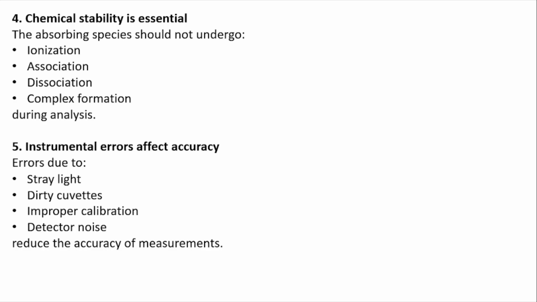If the absorbing species undergoes ionization, association, dissociation, or complex formation, it can affect the measurement of absorbance. And the last limitation is instrumental errors, such as stray light, dirty cuvettes, improper calibration, detector noise, etc. And they can reduce the accuracy of measurements.